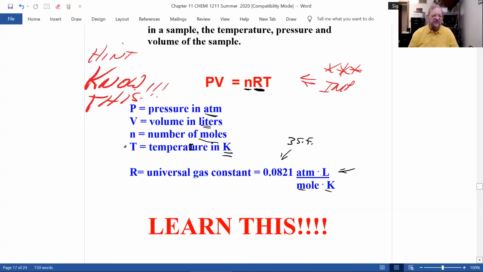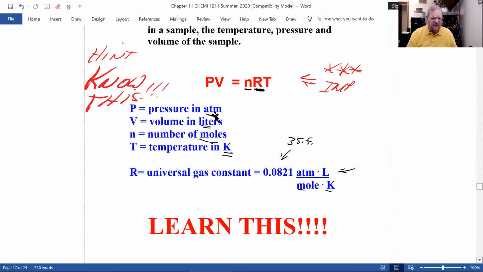Now, the important thing to remember about PV equals nRT is each of the variables, when you're doing a calculation, has to be in the right units. Again, when we're doing a PV equals nRT problem, each of the variables has to be in the right units.